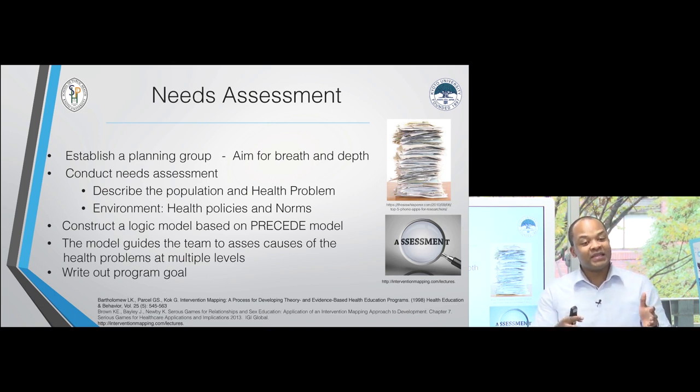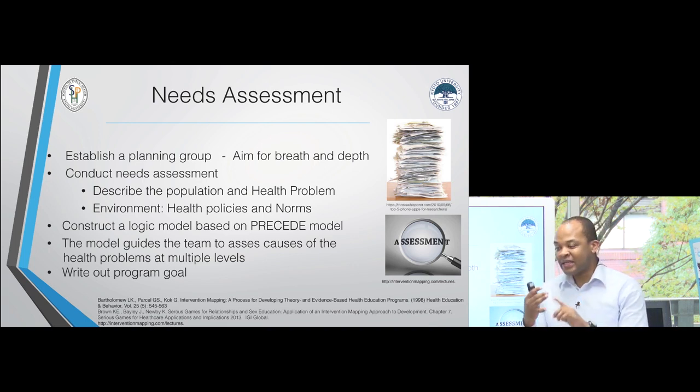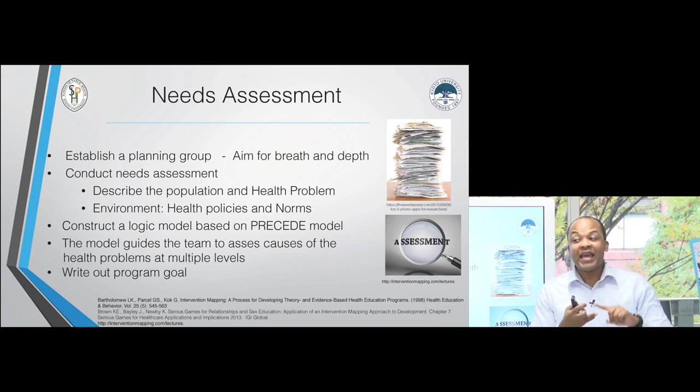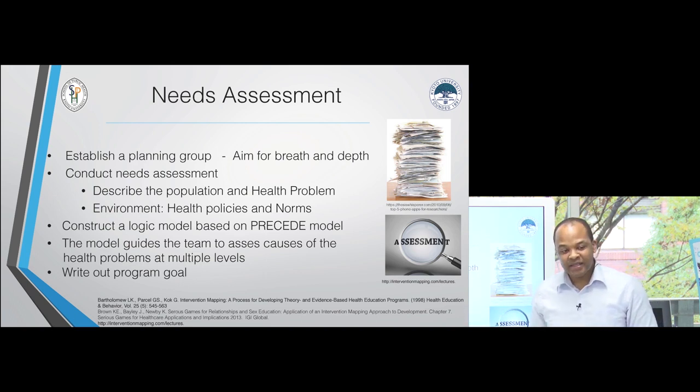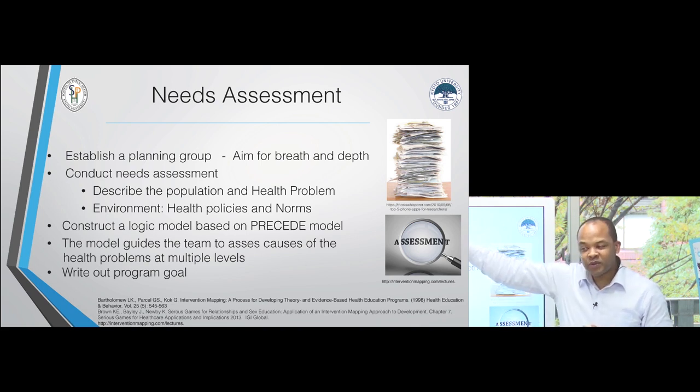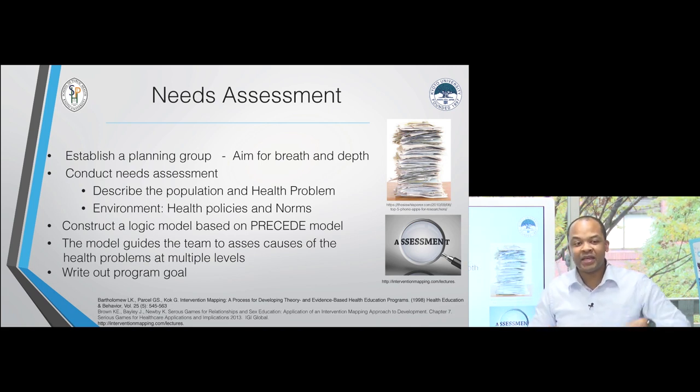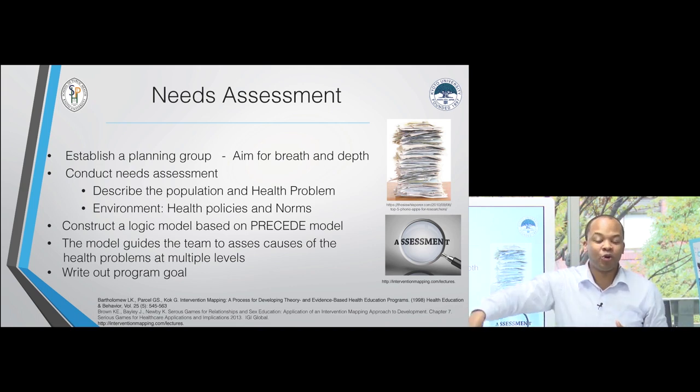We need to establish a working group of technical experts, stakeholders. Stakeholders means people of other organizations. If your intervention is in Kyoto University, you need to probably work with people from the hospital, from this department, and from another department, or from administration. So stakeholders. You need to involve stakeholders.